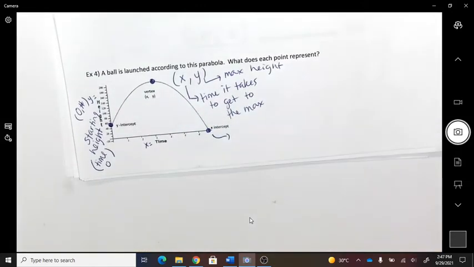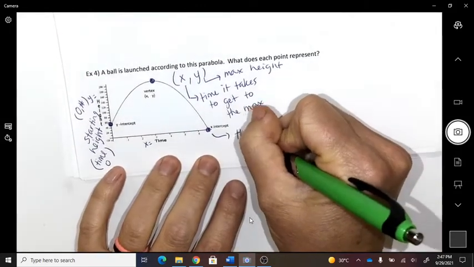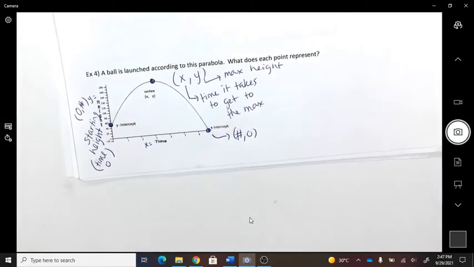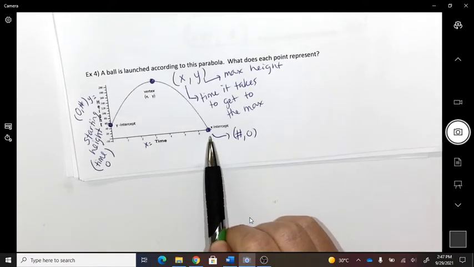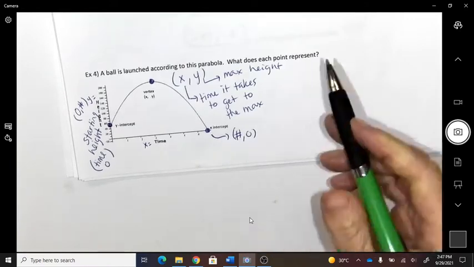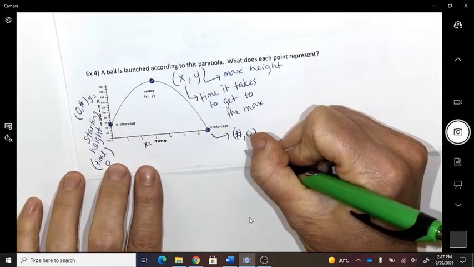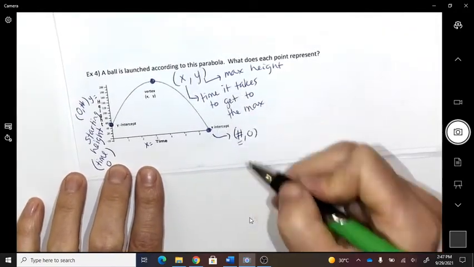And this is an x-intercept, so in other words, an x-intercept would always look like that, a number, comma, 0. So think about you throwing a ball. What's happening to the ball right here? It landed. It hits the ground. So what is this number?